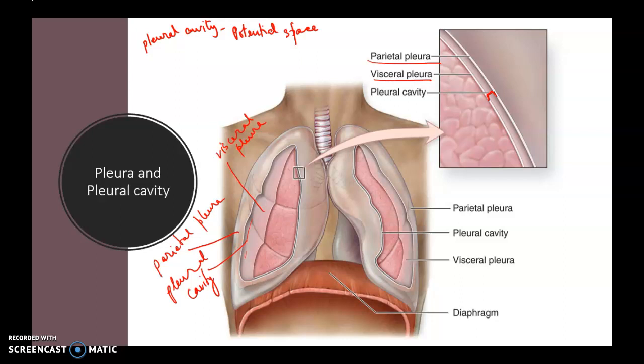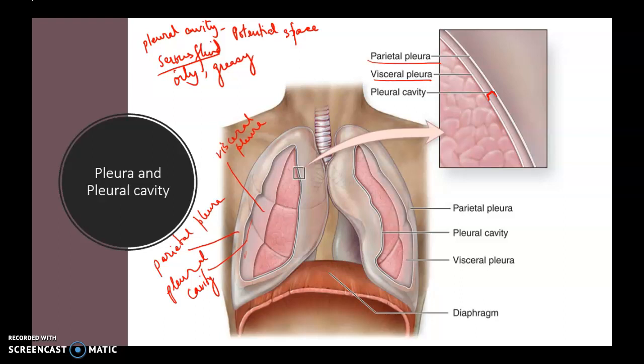What is there in the pleural cavity? Within the pleural cavity, there is serous fluid, which is a very oily and greasy type of fluid. This greasy fluid prevents the visceral pleura and the parietal pleura from sticking to each other.